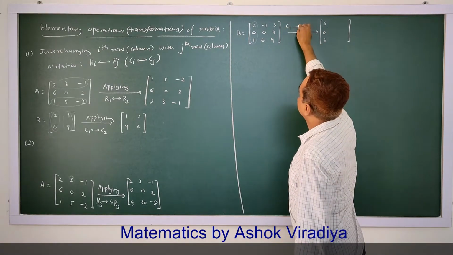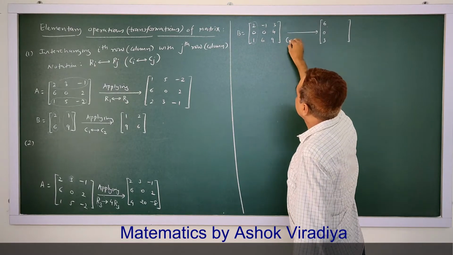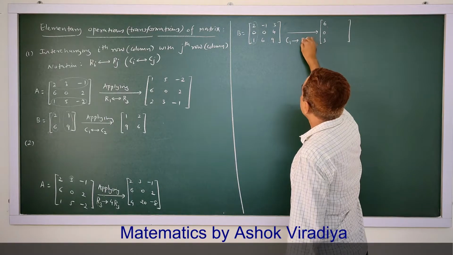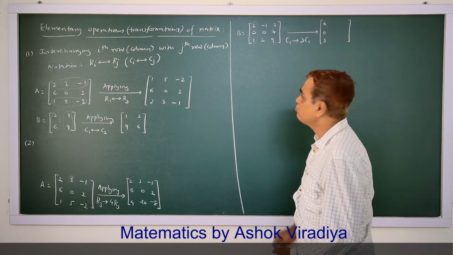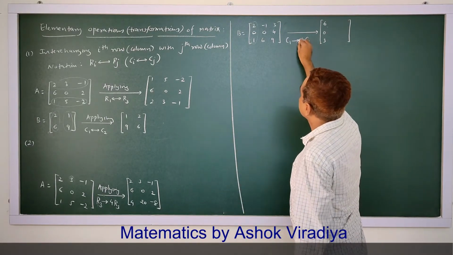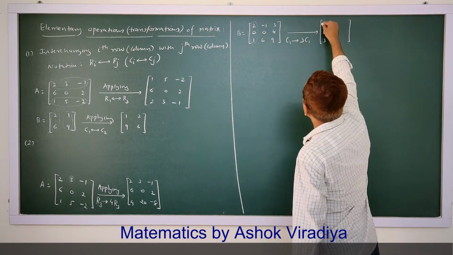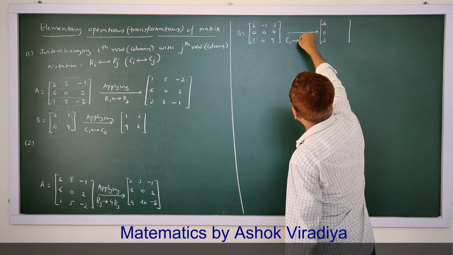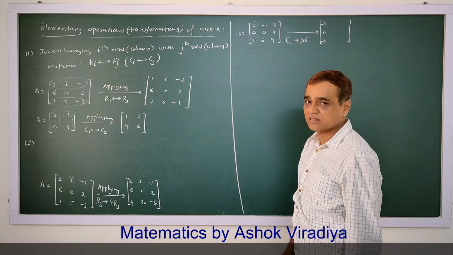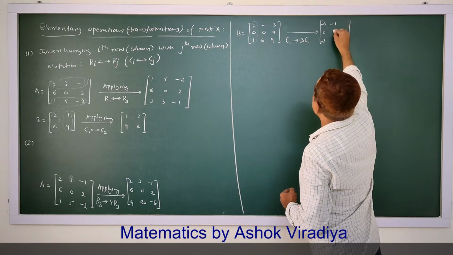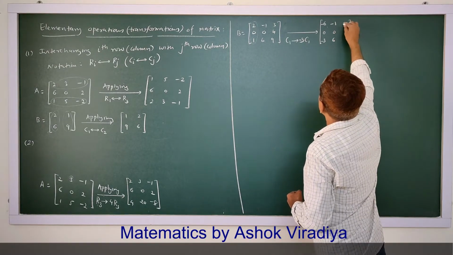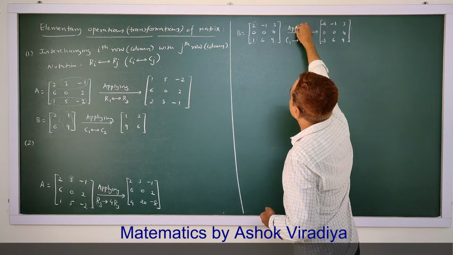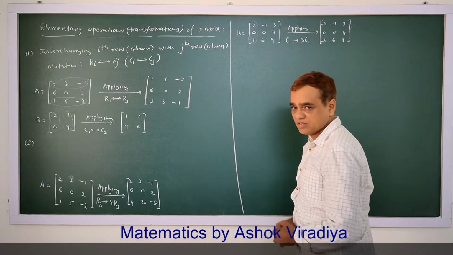So we are changing the first column; it is multiplied by 3. Suppose I multiply this by minus 3, so this will be minus 6, minus 3. Second and third columns as they are. So we have applied this operation.